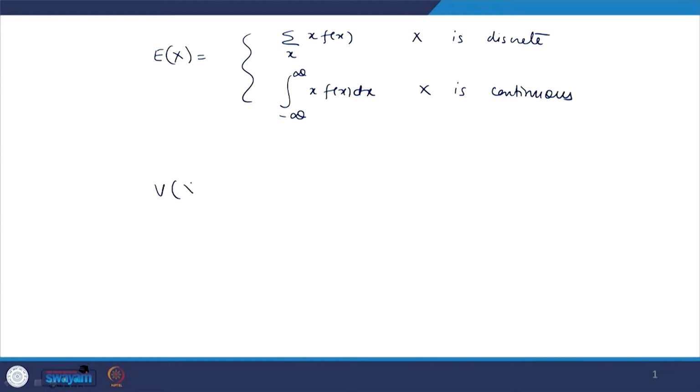And the variance of X is simply the expectation of X squared minus the expectation of X whole squared.